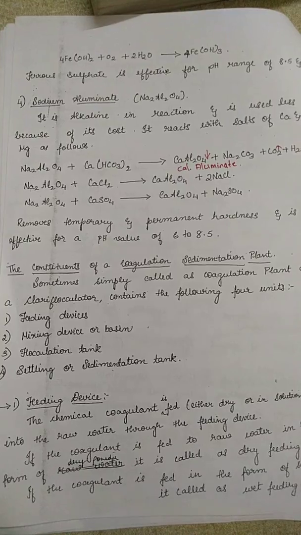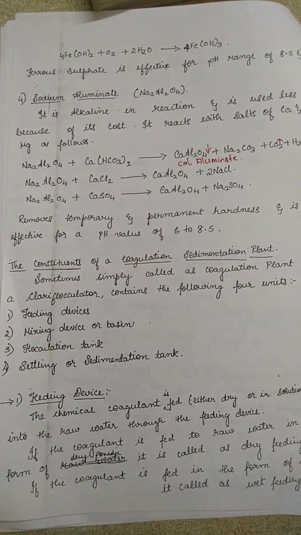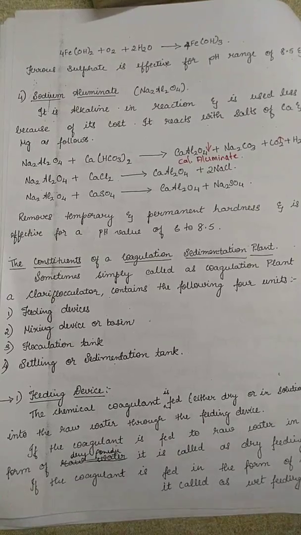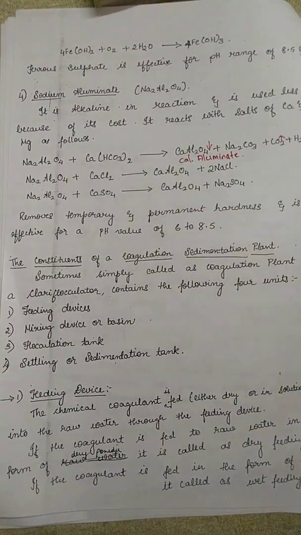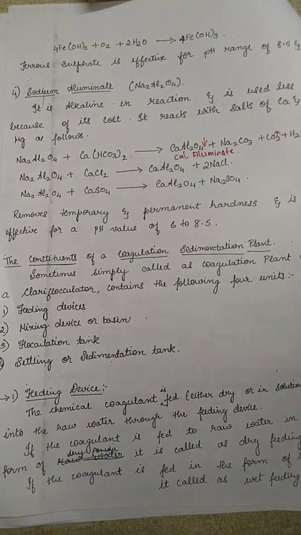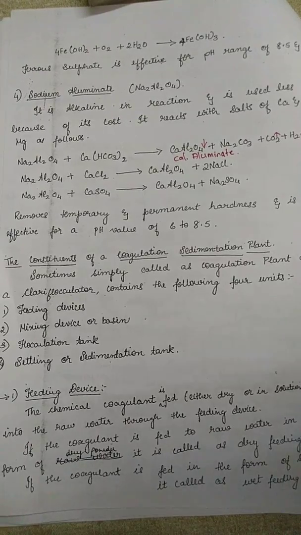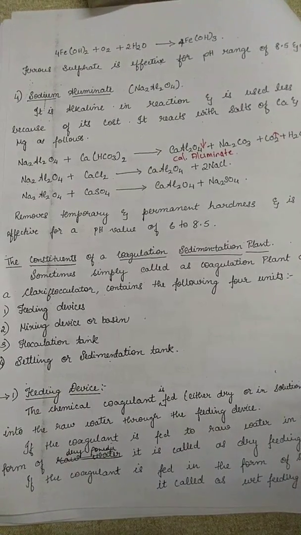Now we will make the comparison between alum and iron salts as coagulants. The iron salts will produce more heavy floc and can therefore remove much more suspended particles than alum. Iron salt, being a good oxidizing agent, can remove hydrogen sulfide and its corresponding taste and odor.